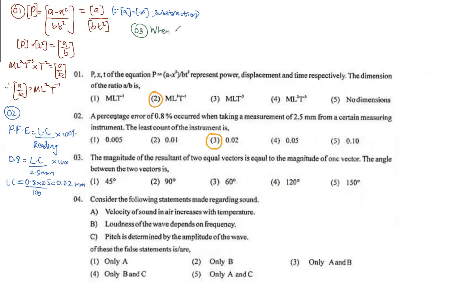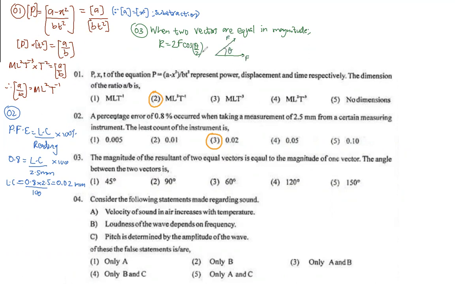When two vectors are equal in magnitude, we can say the resultant vector is equal to 2F cos theta by 2. This is the equation, given that the two vectors are like this, F and F, and the angle between them is theta.